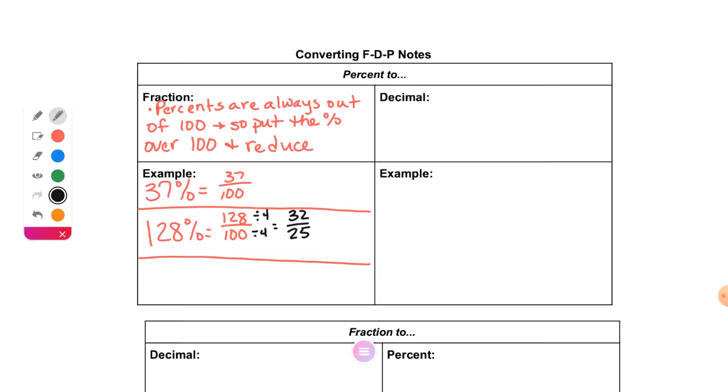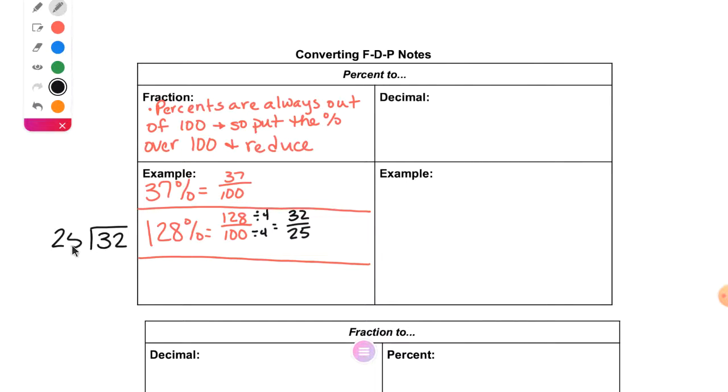So it'd be 1 and 7/25. Yep, so remember when you're changing it to a mixed number, I'm just going to do mine out here to the side. You put the numerator underneath, the denominator on the outside. 25 goes into 32 once. And then I have 7 left over. So it'd be 1 and 7/25.